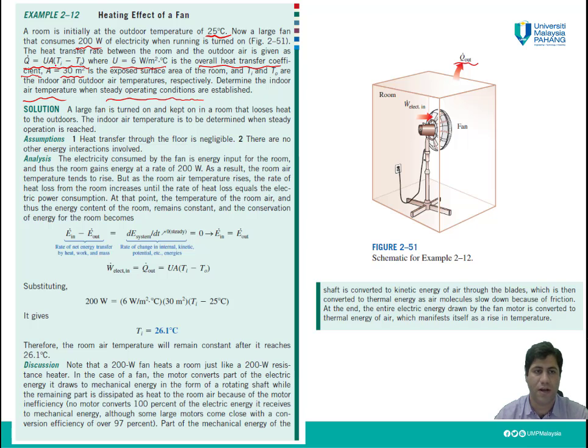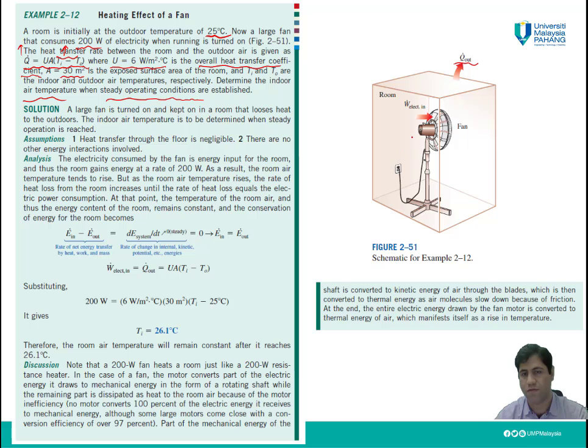As you notice here, the higher the temperature difference between inside the system and outside of the system, Ti minus To, the higher Q dot is also. I mean more energy is transferred from the room to the outdoor.